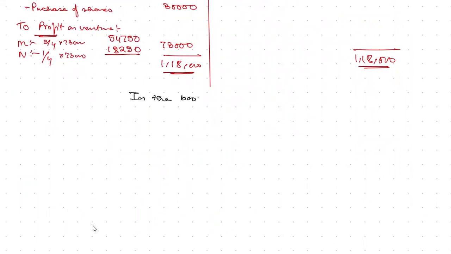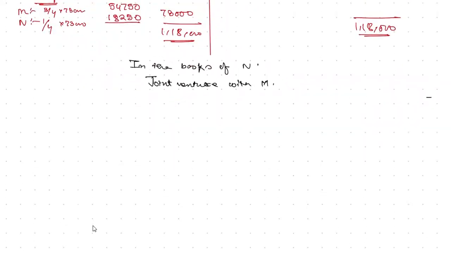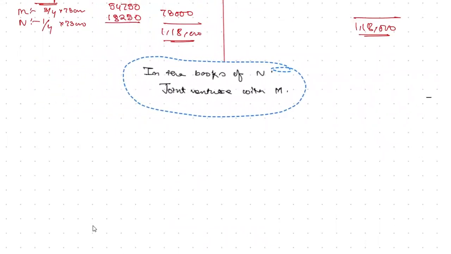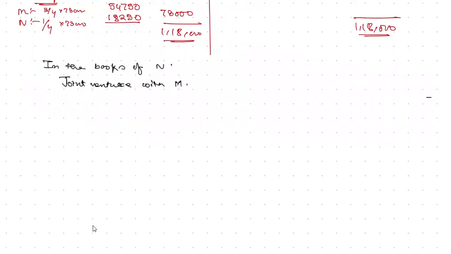In the books of N, M account, now we'll write joint venture with M.